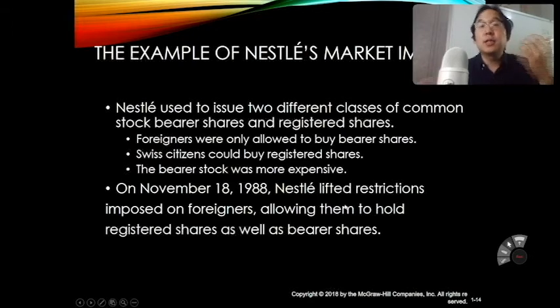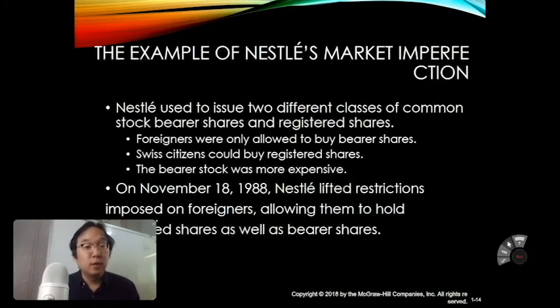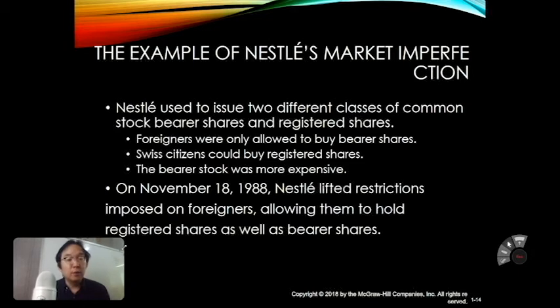One interesting case of market imperfection is Nestlé, the Gerber, Nescafe, or Nespresso company, right? In terms of product market, this must be one of the most globalized companies in the world.